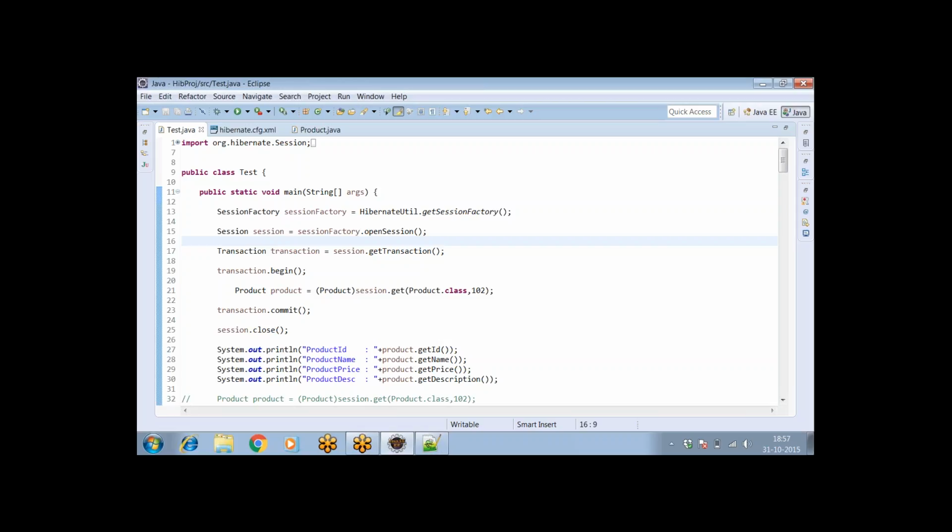You will find that the get method will immediately, straight away, hit the database server and fetch those records from the database server.